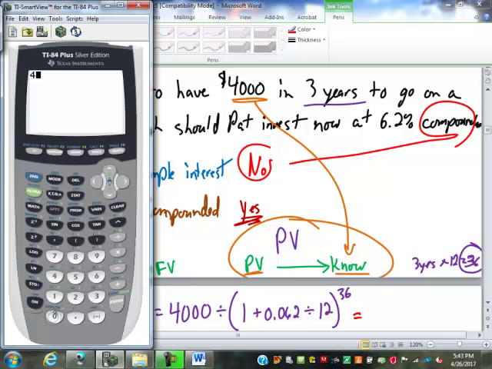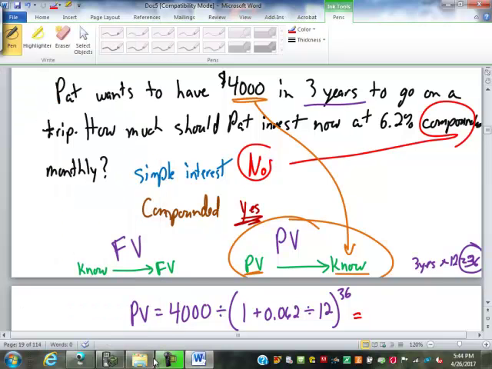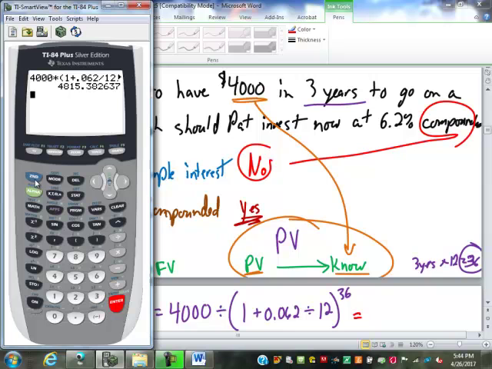So 4,000 times parentheses 1 plus 0.062 divided by 12, power of 36. Oops, I did times, not divided. That's why that's not going to work.